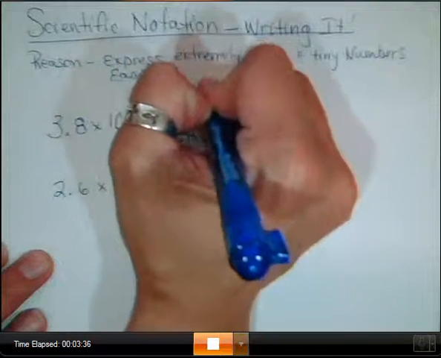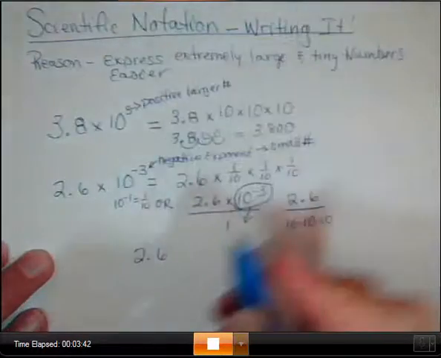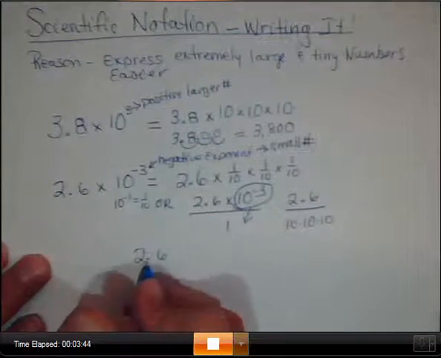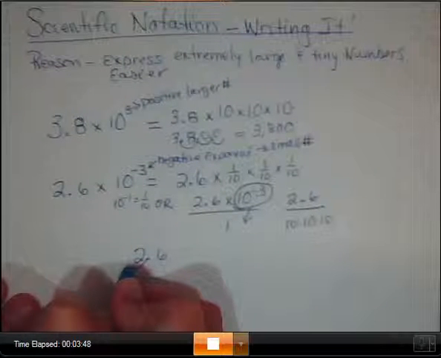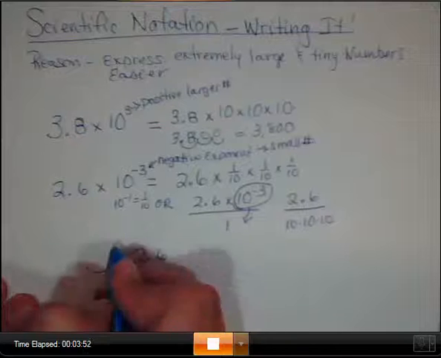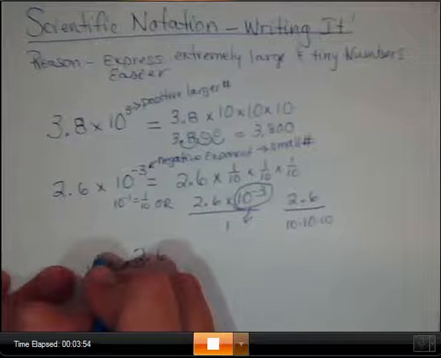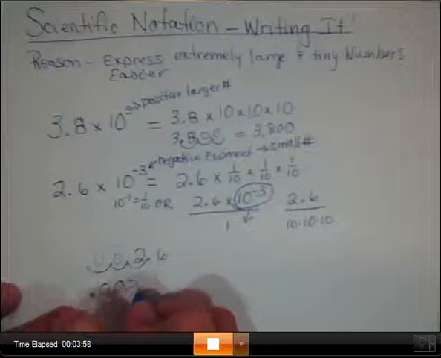It's going to be larger by a power of 10. So 2.6 with a negative 3, I need to make 2.6 smaller. So 1 divided by 10, divided by 10, divided by 10. So I would have a point, fill in the loop-de-loops with 0, so 0.0026.